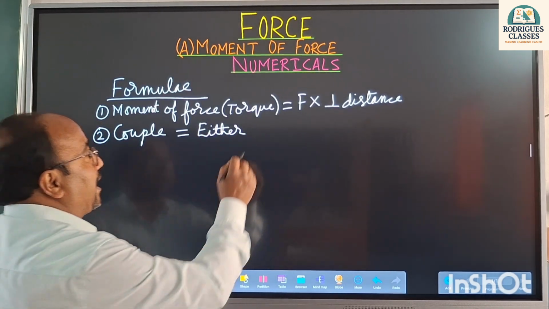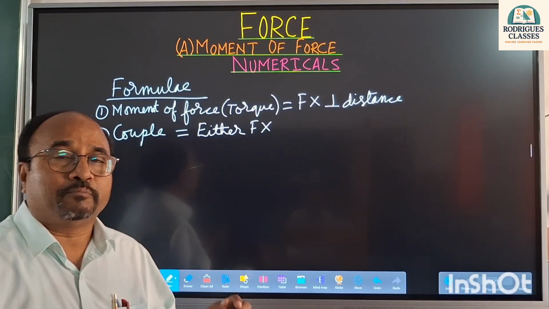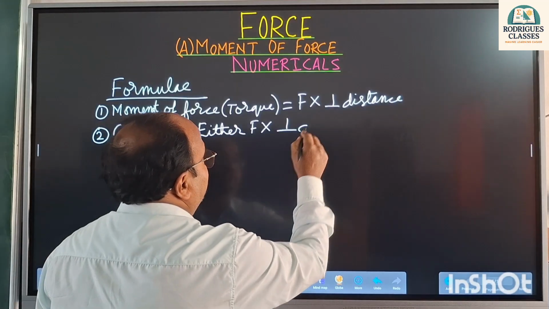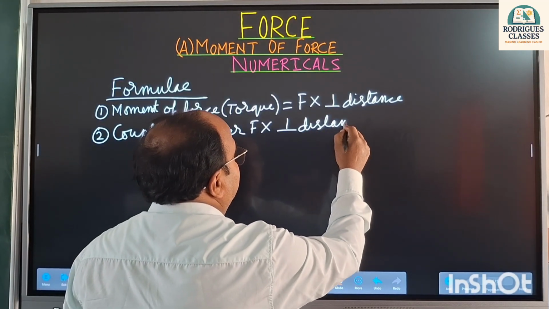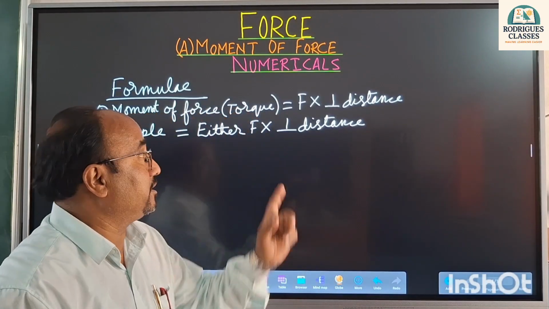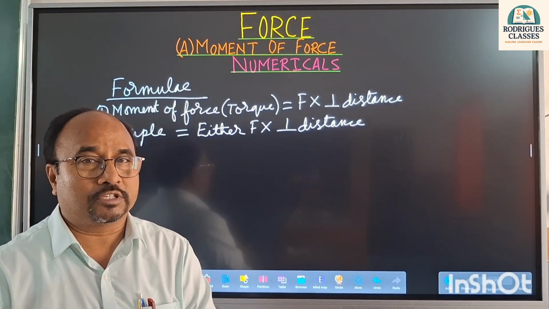You will have to take either of the two forces multiplied with the perpendicular distance between the two forces. So here I will also be writing perpendicular distance, but the two perpendicular distances are different. Here the perpendicular distance is the distance between the two forces.